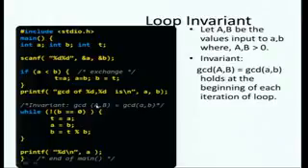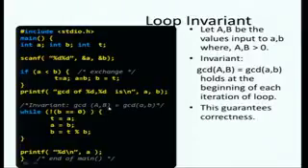Okay. So the invariant that I have is that every time you enter the loop, the GCD of the input is the same as the GCD of the variables. Now this guarantees the correctness, because when you exit out of the loop, you will correctly compute.